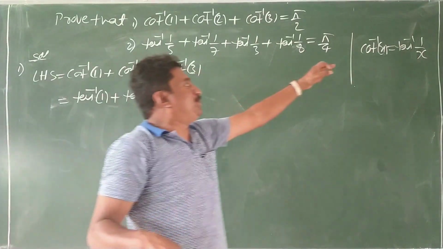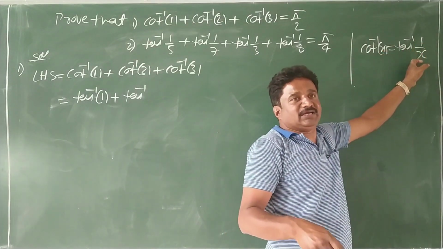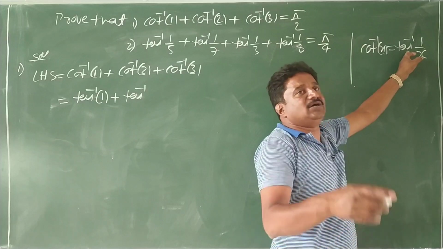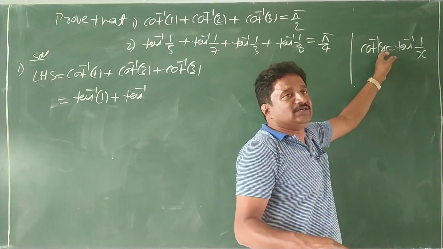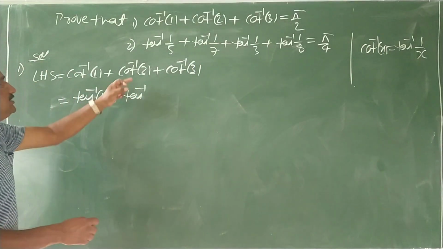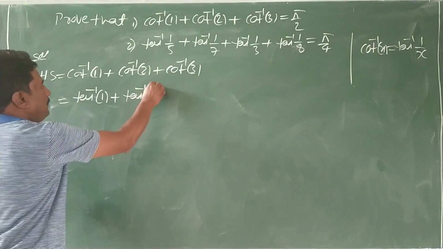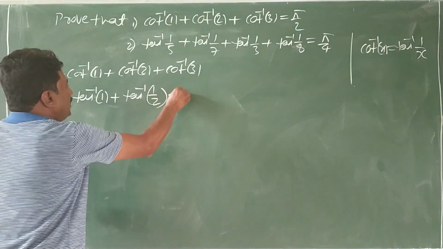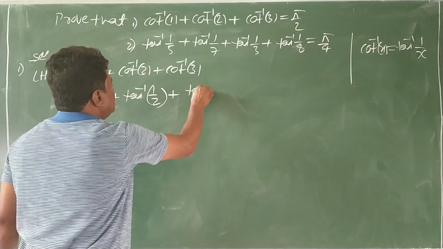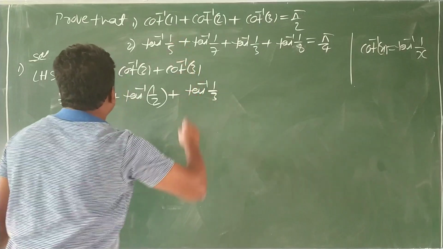While changing cot inverse into tan inverse, you reciprocal x. Plus cot inverse 3, change that into tan inverse 1 by 3.